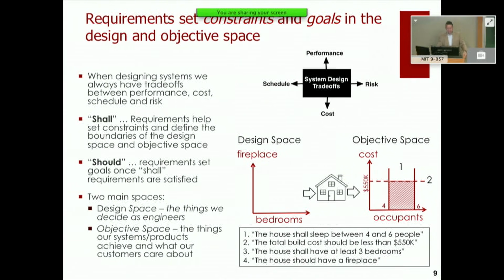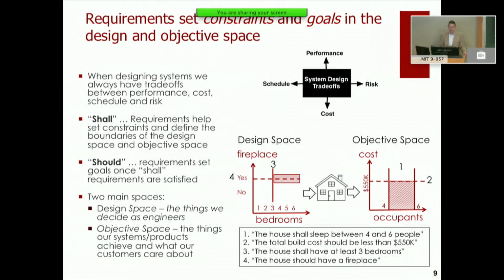Then the third one is the house shall have at least 3 bedrooms. Is that in the design space or objective space? Design space, right? Because defining a bedroom is a design decision. And then the house should have a fireplace. So you can show the lower bound here, at least 3 bedrooms, and then the fireplace would be nice to have, but you don't absolutely have to have it.